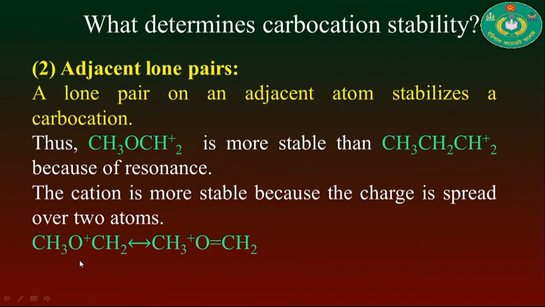So two states are created here. So we can say that movement of positive charge has taken place here. So delocalization or resonance has taken place here. So this ion is more stable than the others which contain no hetero element, that means where delocalization is not possible.